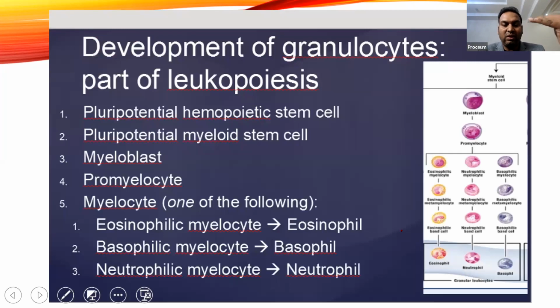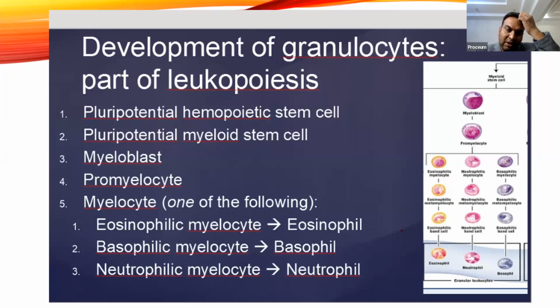If you see how leukopoiesis occurs, and consider only the granulocytes, the stem cell will be exposed to particular colony forming units, and once exposed, it will differentiate into what we call specialized stem cells. A pluripotent cell is generalized for everyone, so it will become a more specialized stem cell, and now it will become a pluripotent myeloid stem cell.